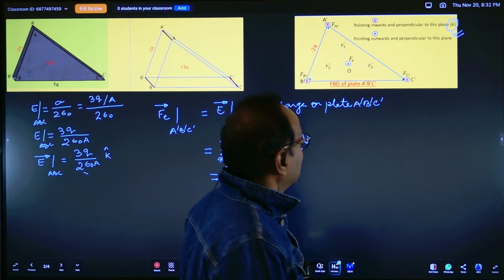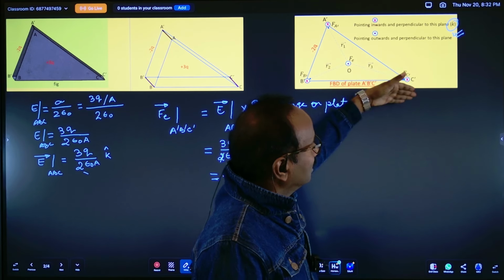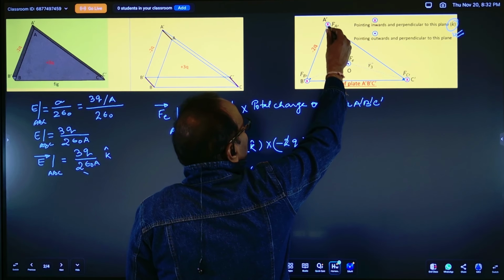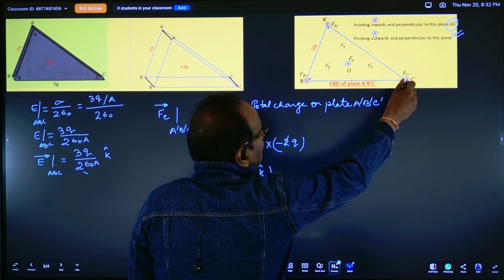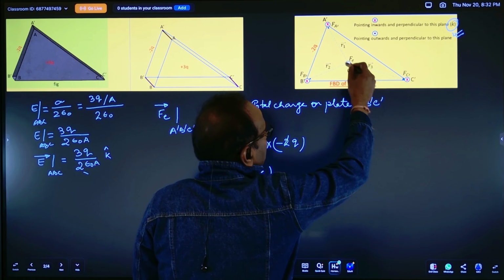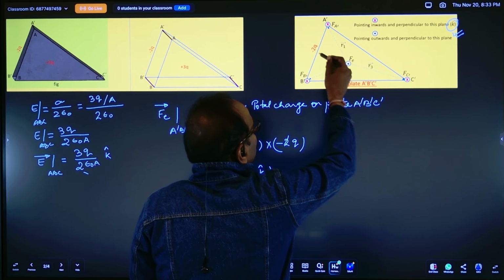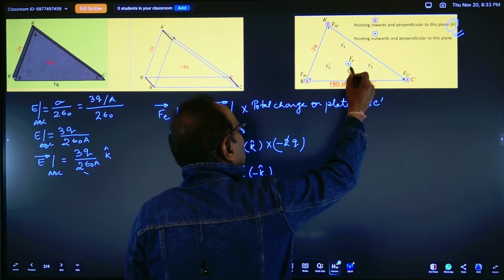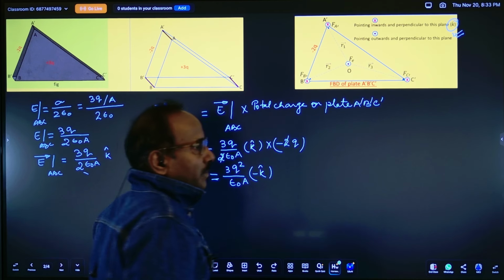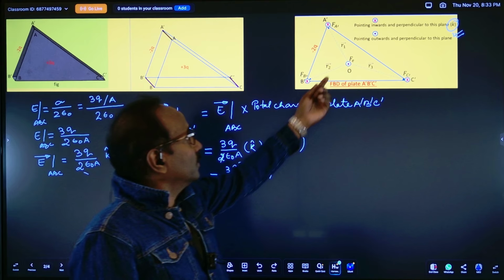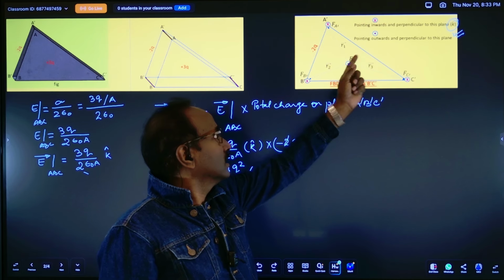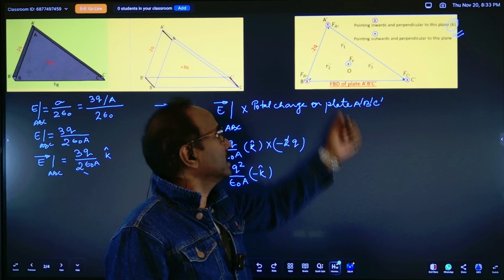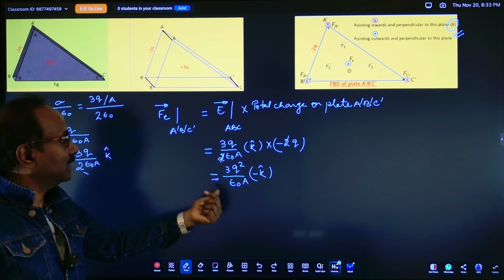So what is your object here? Your object is your plate. So what is the centroid? The centroid is when you draw a line from A prime bisecting B prime, C prime, from C prime bisecting A prime, B prime, and so on. You will get the point O. So this is your centroid. So the total force Fe is acting on the A prime, B prime, C prime plate this way, which we have calculated here.